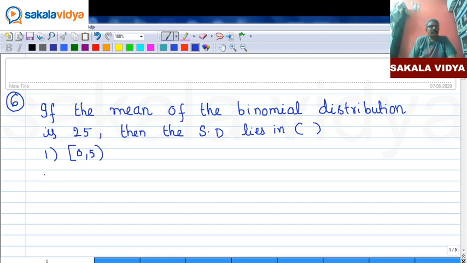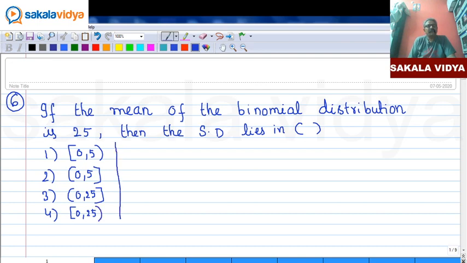Okay, second option open 0 comma 5 closed. Third 0 comma 25 closed. Fourth option is closed 0 comma 25 open. This is the question. Okay.